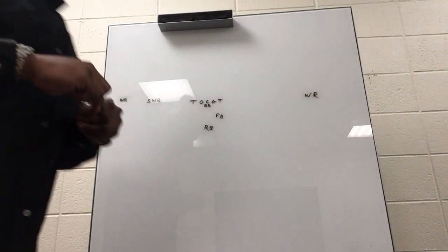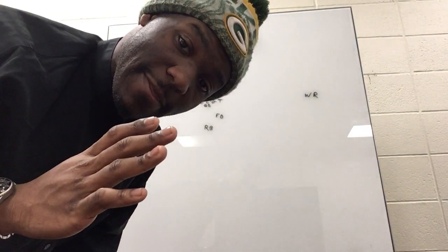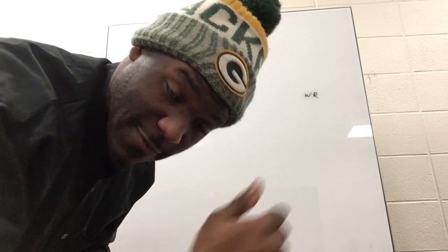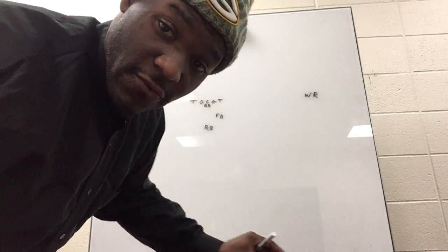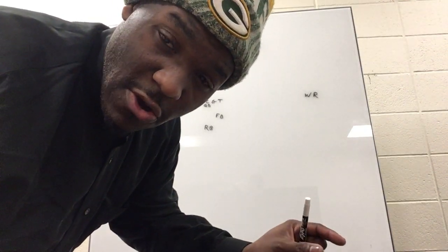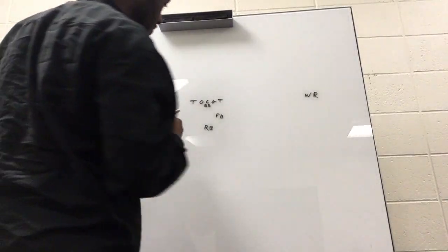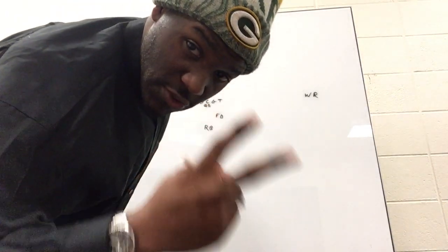Now, like I said before, this is man scheme blocking, pull block. So, within this play art, the man scheme blockers will essentially block whoever's in front of them in their gap responsibilities or in the next gap. And then the pull blockers will pull from the opposite direction that the play is going and then block downfield. Now I'm about to draw it out. So, with this play, I'll have 2 pullers.